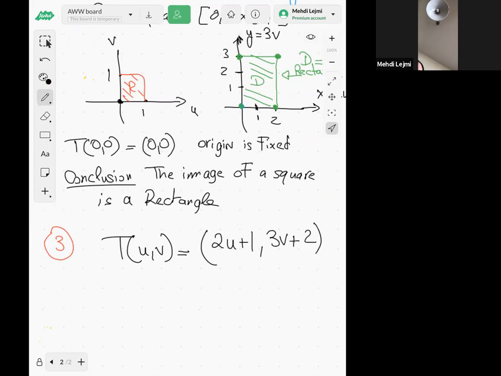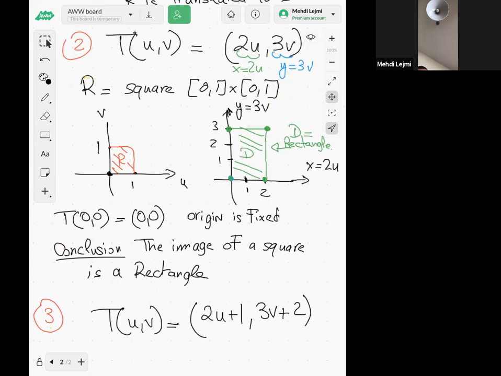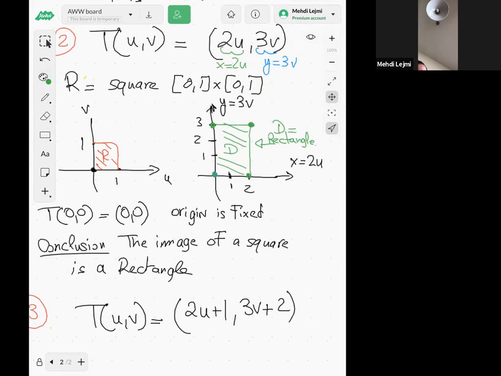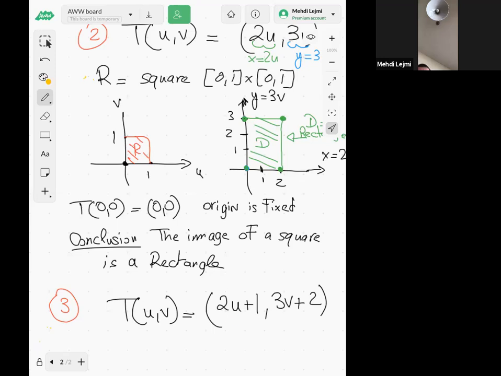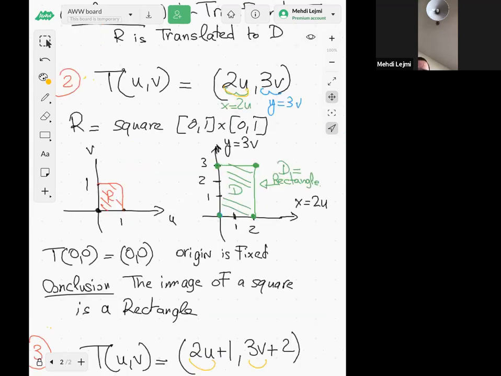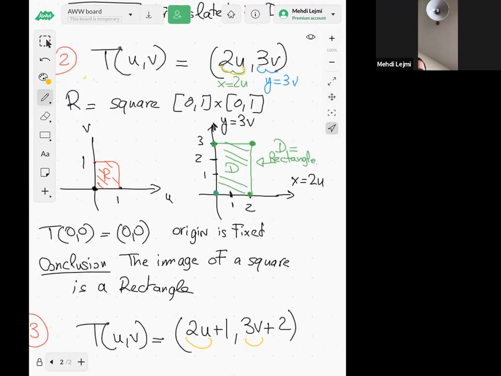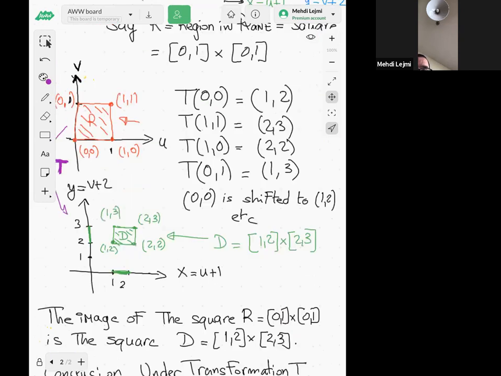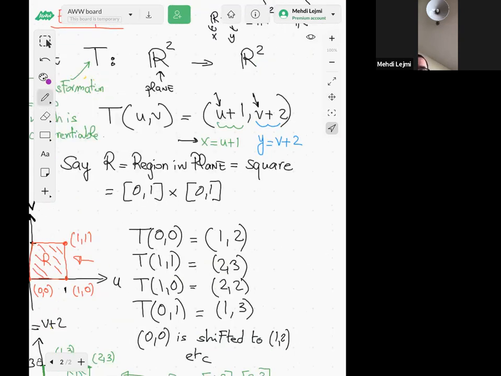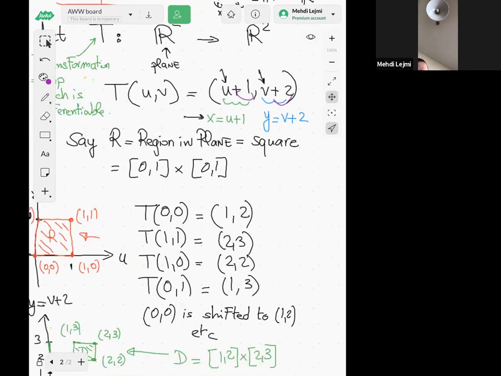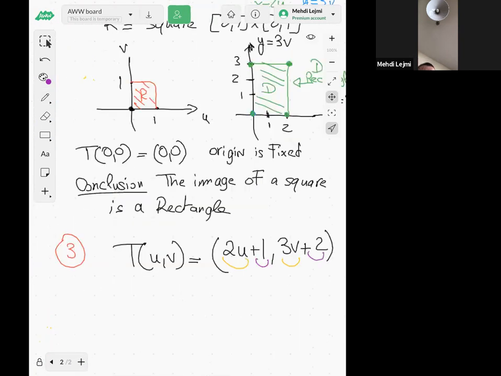This is the transformation from the second example, u times 2 and v times 3, and then I shift using plus 1 and plus 2, which is exactly my transformation in the first example, with the plus 1 here and the plus 2 here.